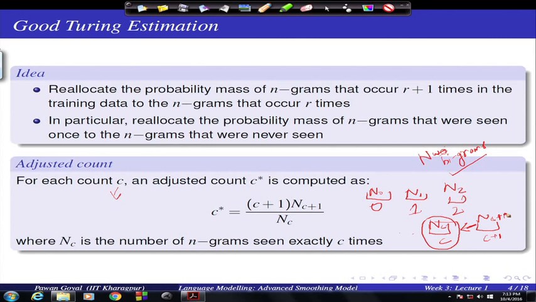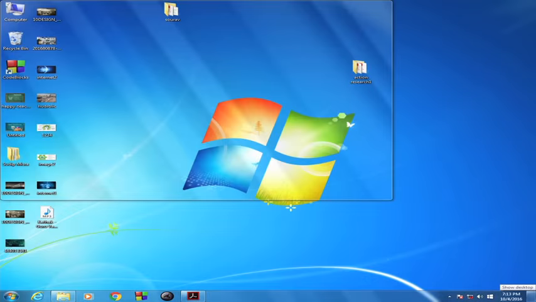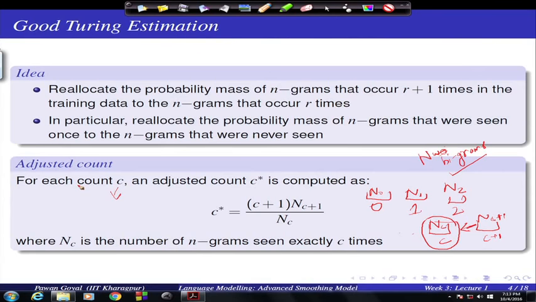You see how many n-grams there are? There are N_{c+1} different n-grams. So what will be the probability mass for them? It will be N_{c+1} times (c+1) divided by the total number of n-grams, that is n. That is the probability mass.